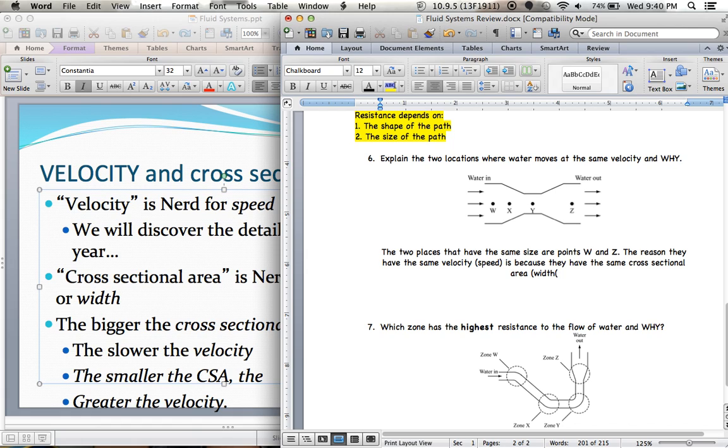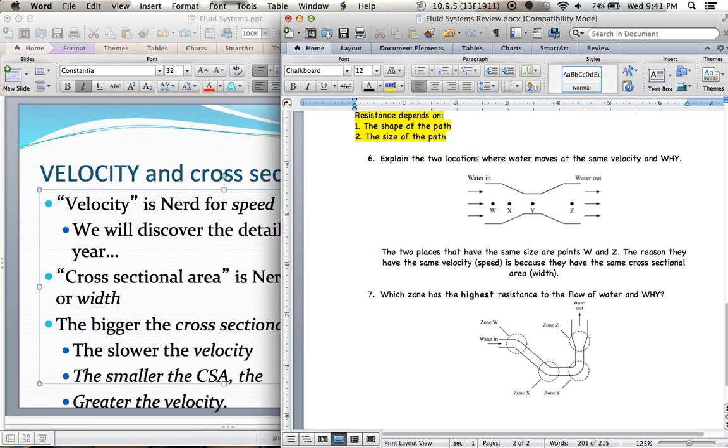Okay, so that is the answer for that one, and that is the reason for that one. So it's very important. Again, we're taking these two ideas and we're applying them to these situations. So that is how our width, or the size of our path, is going to affect our resistance.